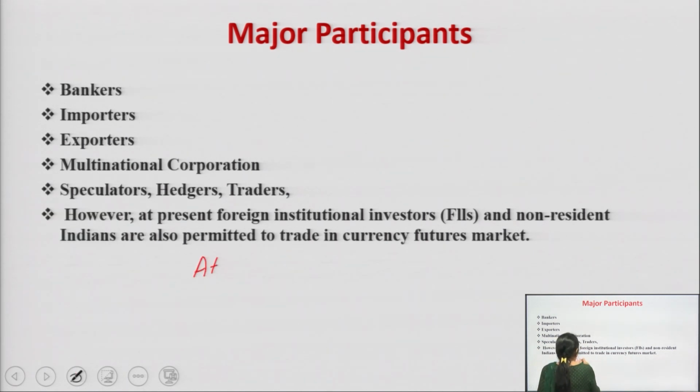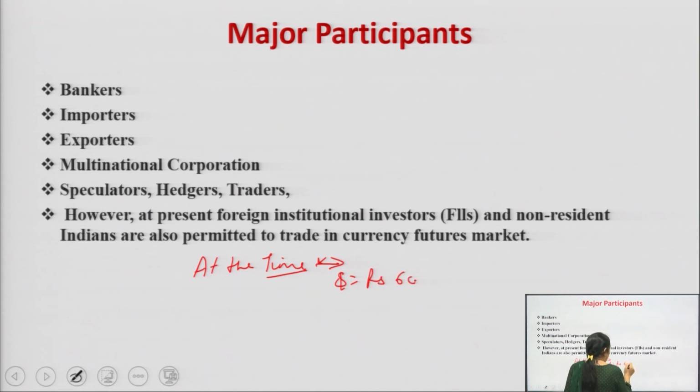Let us take that at the time of the contract, the currency future is decided at rupees 60. On the expiry date, the dollar is rupees 70.